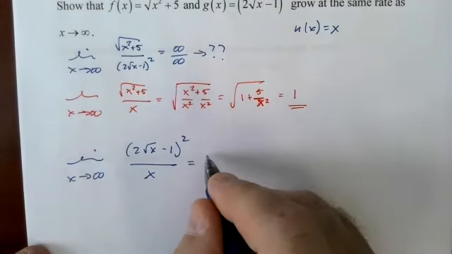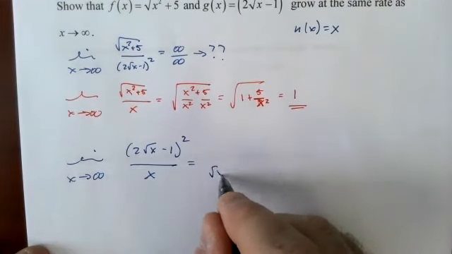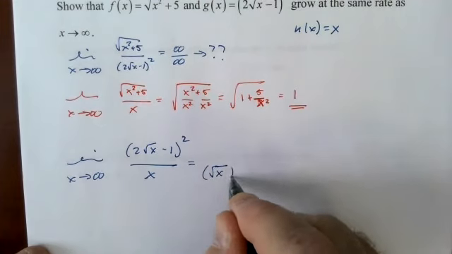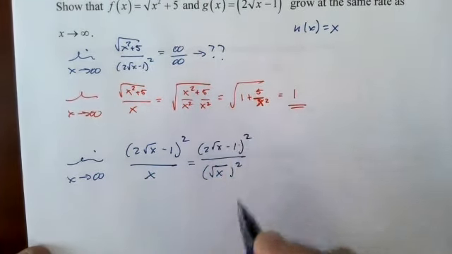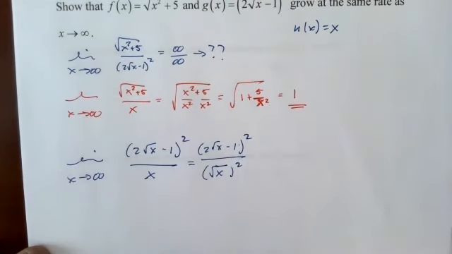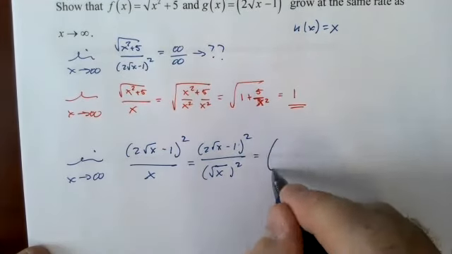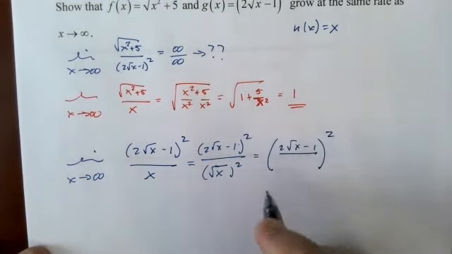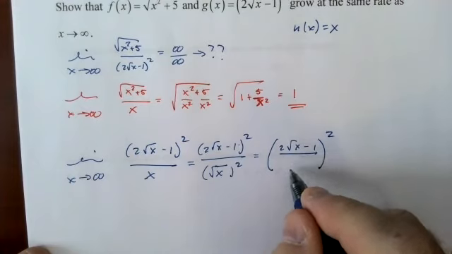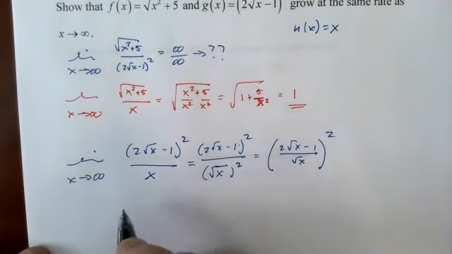Again, I'm going to do this with algebra. I'm going to write this bottom as root x squared. So then I can shove it all together and distribute the root x. I can't now because I wrote it like an idiot.